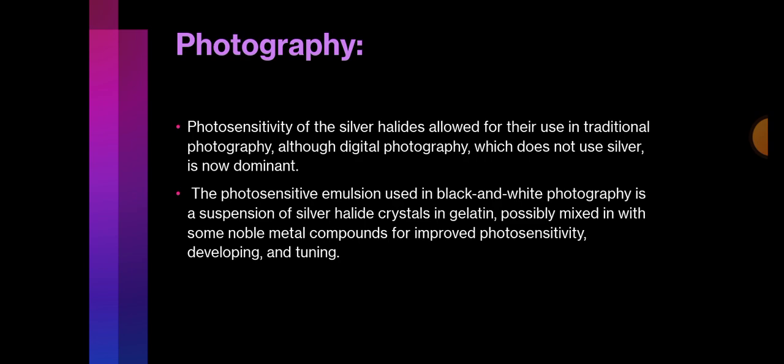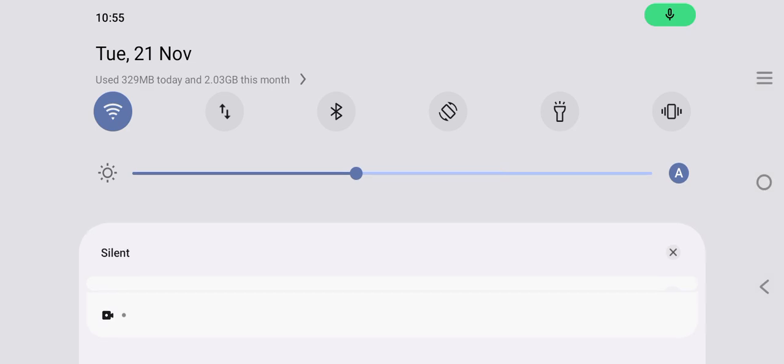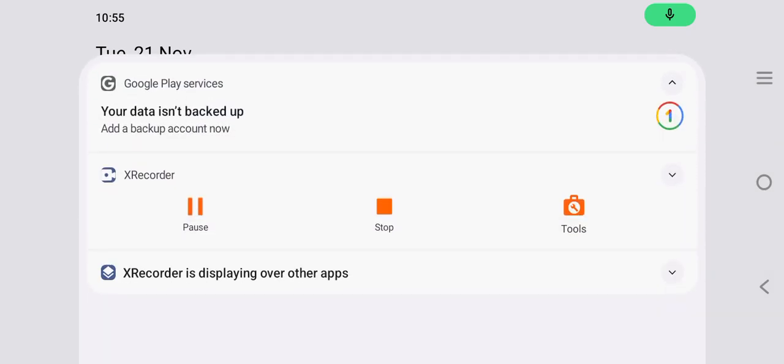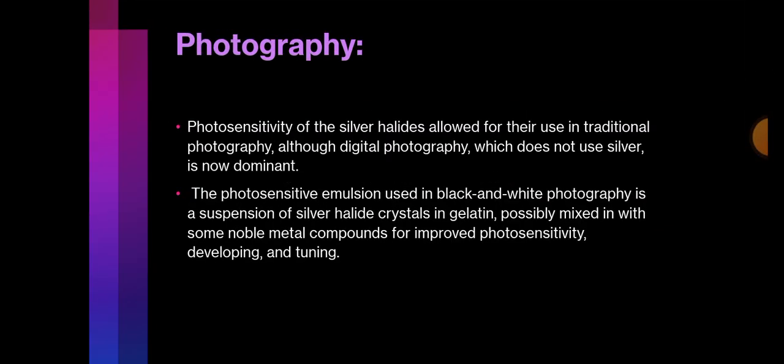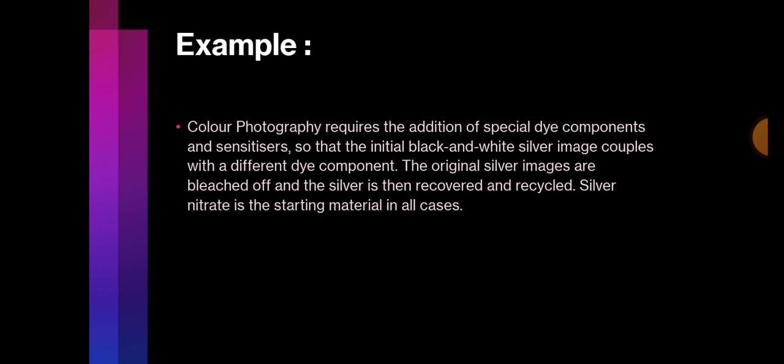The photosensitive emulsion used in black and white photography is a suspension of silver halide crystals in gelatin, possibly mixed with some noble metal compounds for improved photosensitivity, developing, and toning. For example, color photography requires the addition of special dye components and sensitizers, so the initial black and white silver image couples with different dye components. The original silver images are bleached out and the silver is recovered and recycled as silver nitrate as the starting material in all cases.